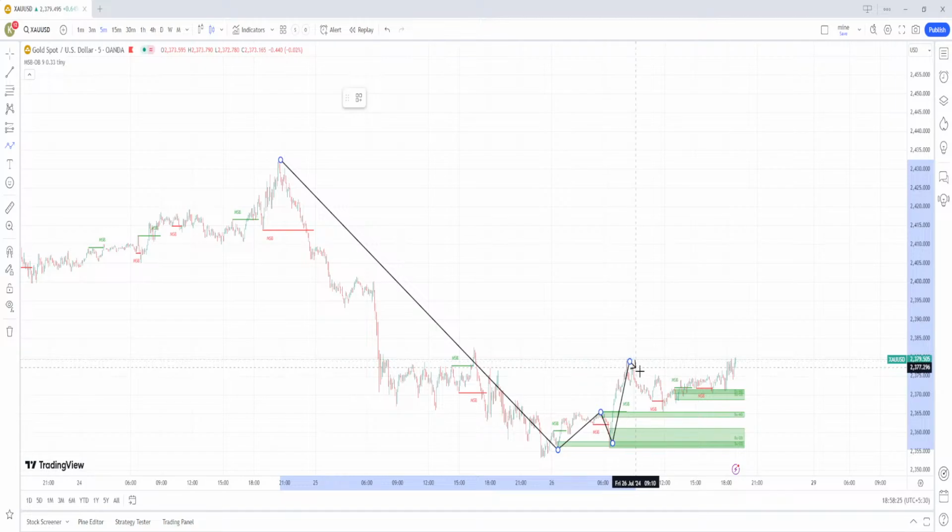After that you can see it was retested, then it moved to the buy side.